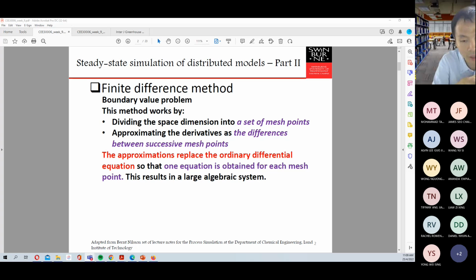So for everything we discuss in process control, the model will be a transient or unsteady state lumped model, or it can also be a transient or unsteady state distributed model. But the one we cover in our process control is the simplest problem, so it's only the transient lumped model. Okay.